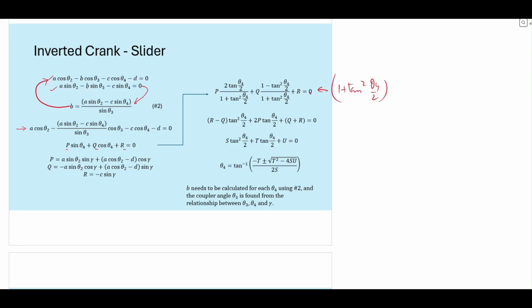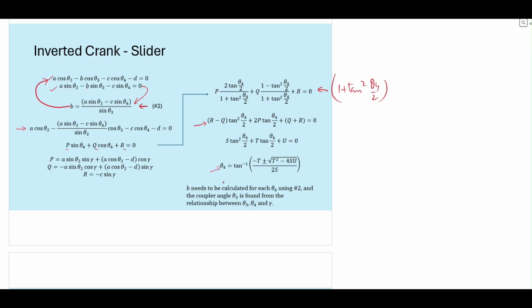That will cancel out the denominators and add an R times 1 plus tan square theta 4 by 2. Rearrange that, and you get R minus Q, essentially a quadratic equation in tan theta 4 by 2. Then you solve that, you get theta 4. From theta 4, you can compute B using equation 2, which is right here. And then you can find the coupler angle using the appropriate relationship between theta 3, theta 4, and gamma.